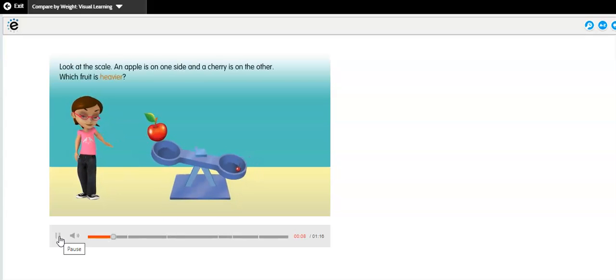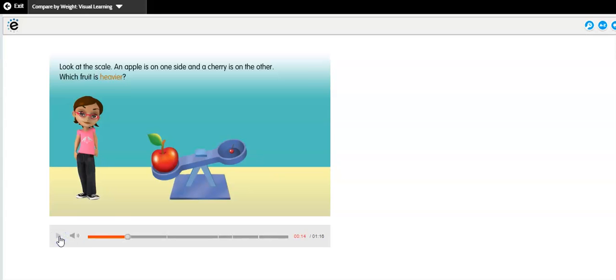Look at the scale. An apple is on one side and a cherry is on the other. Which fruit is heavier? Okay, so this is a scale, and a scale helps you compare weight. So we have an apple on one side and a cherry on the other. Which fruit is heavier?